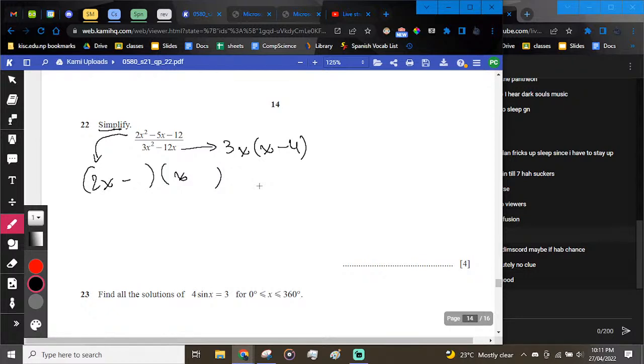We need a 3 here, 4 here. Look at that. Beautiful. What does it mean? 8x minus 3x is 5x, that's right. So this is our factorized thingy.